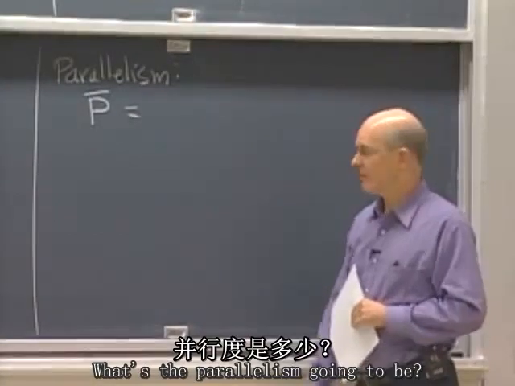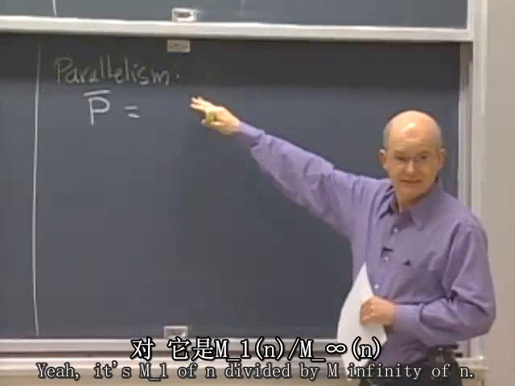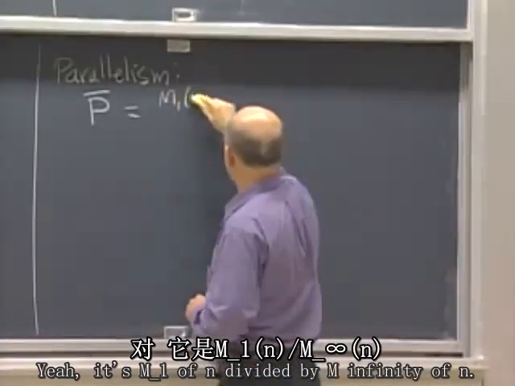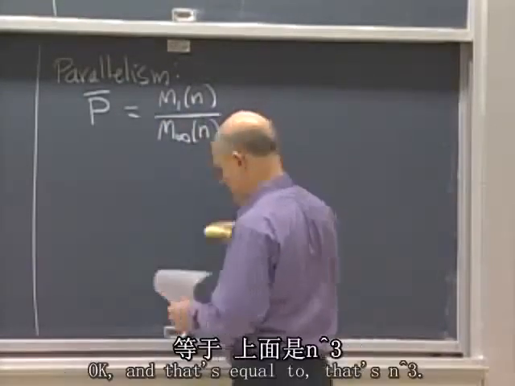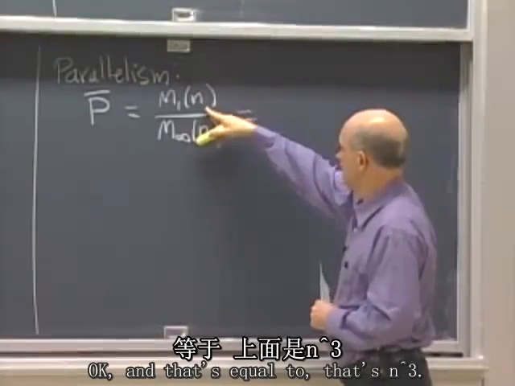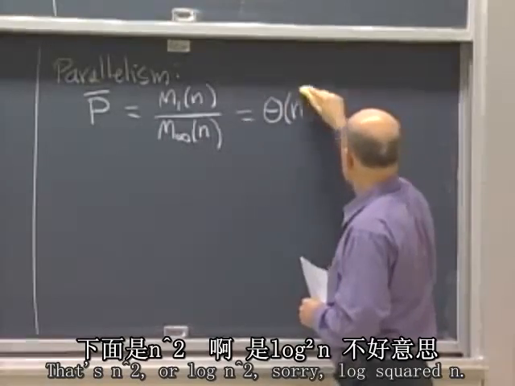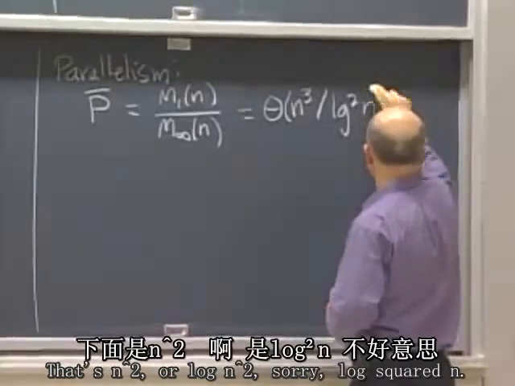What's the ratio I take? Yeah, it's m1 of n divided by m infinity of n. And that's equal to n cubed over log squared n.